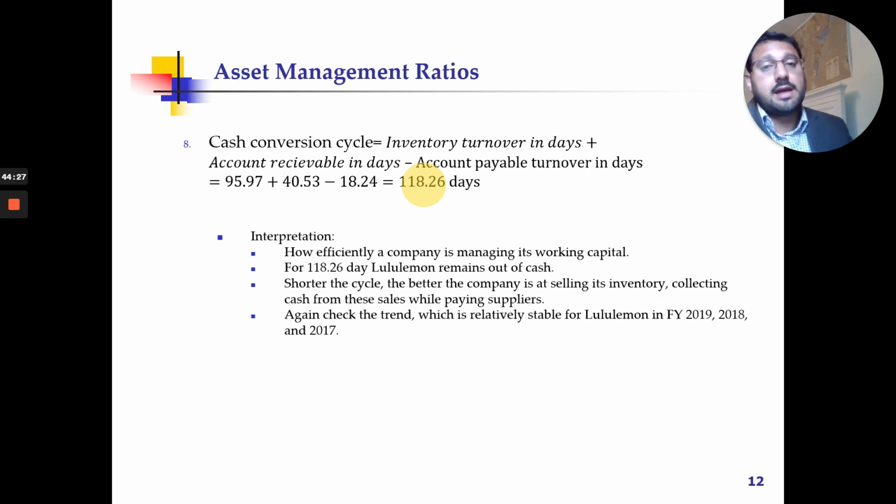You need to pay for that, and they give you the industry's ratios. You can collect the industry ratios from there, or manually you can go and collect the numbers, but it's very time consuming. So in that case, the best approach is to take the number of the closest competitor and compare your number with the competitor. Again, check the trend. Is it improving or not?